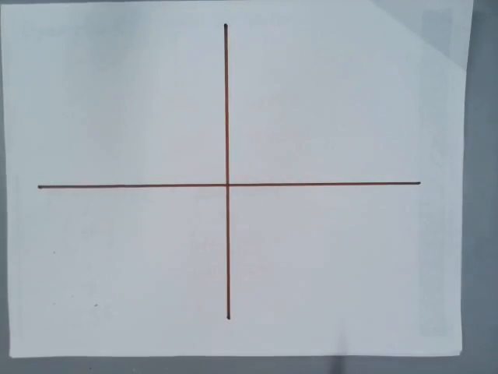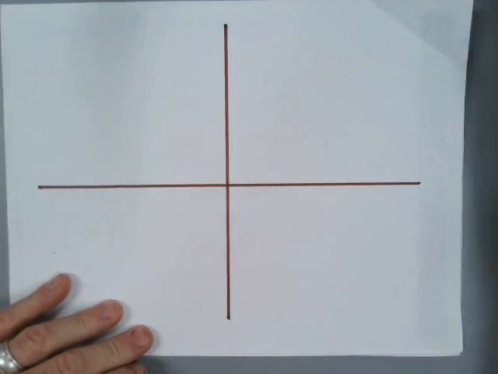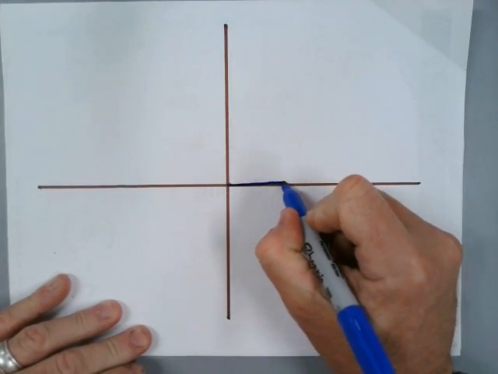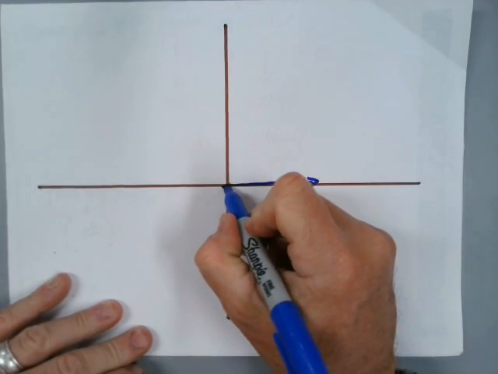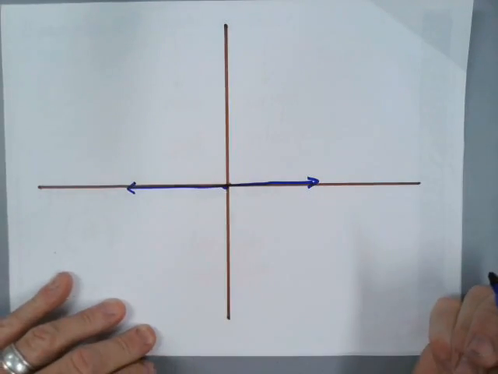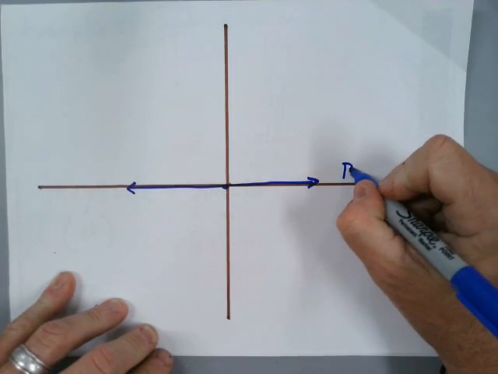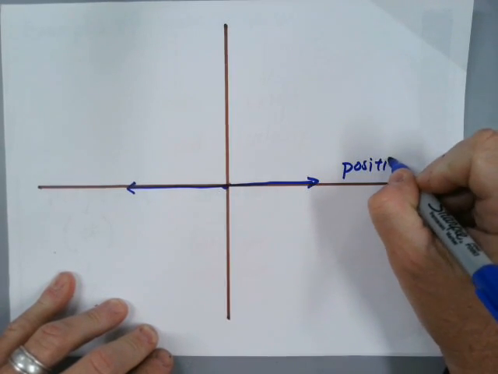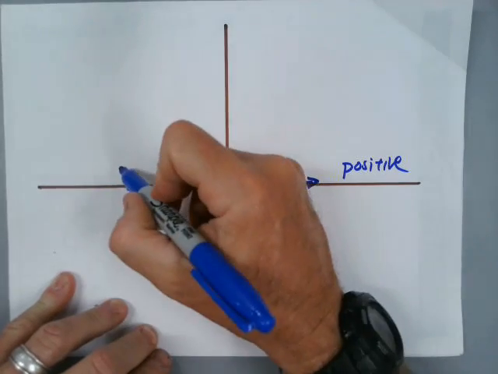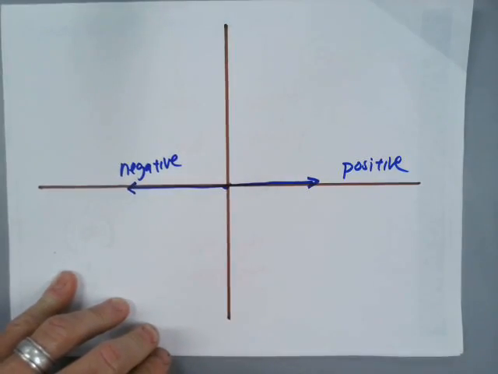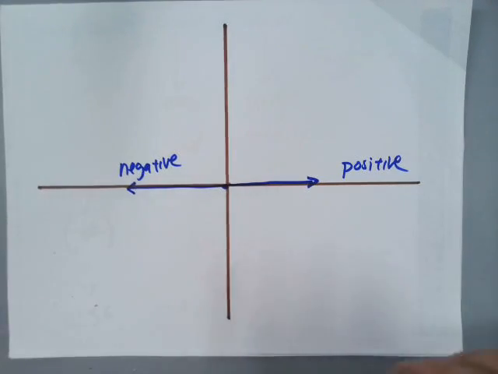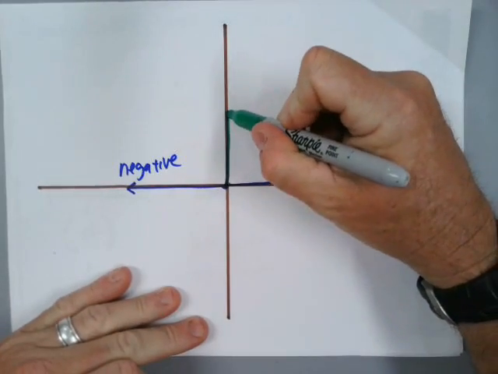Think about algebra and think about the motion or the movement of something. If we go this way in the x direction, we're moving to the right versus going to the left. And we have always called this the positive direction for x, and this is the negative direction for x. The same is true for the y.